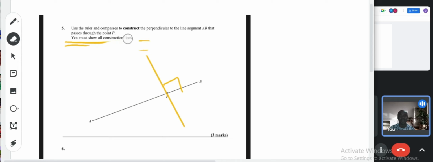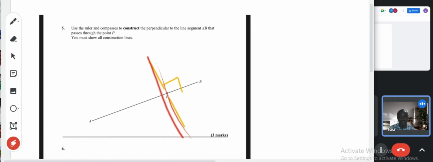So how do we do that? I have to first of all explain what it means. It means draw a line that will pass through point P, such that this line shown in yellow must make an angle of 90 degrees with the originally given line AB.